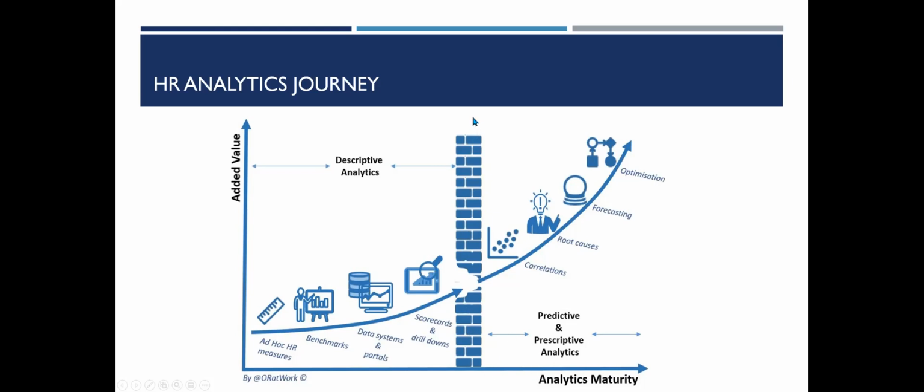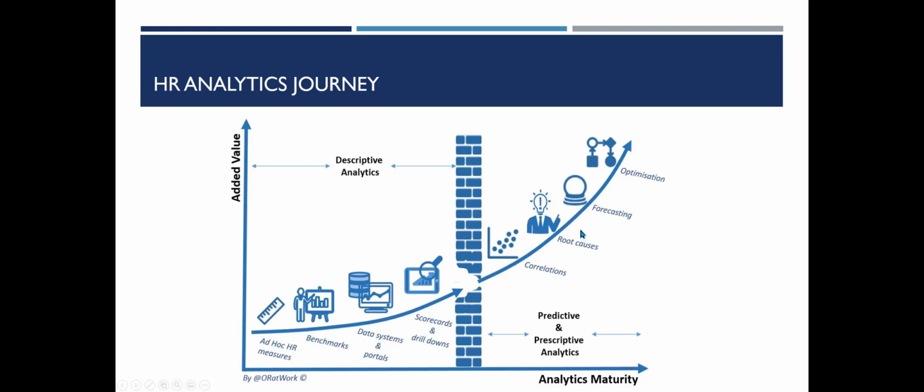There's an invisible wall in the middle, which many organizations have yet to break through. Those who did would be in the higher end of the maturity level, moving towards the predictive and prescriptive analytics level. Once an organization breaks through this invisible wall, they would do analysis like correlations. They will use statistics to find out the relationship between the data points, the information, and how to use that for prediction.